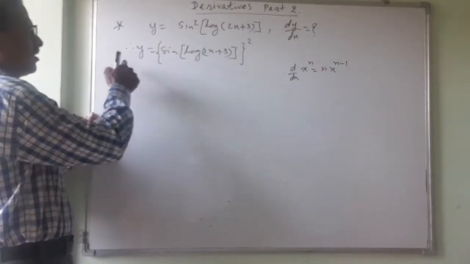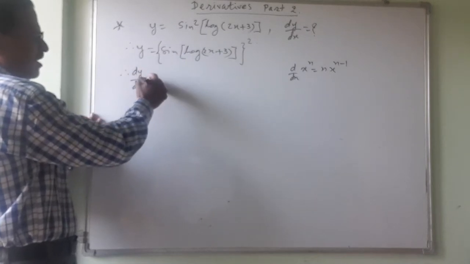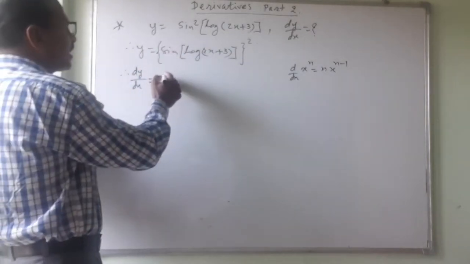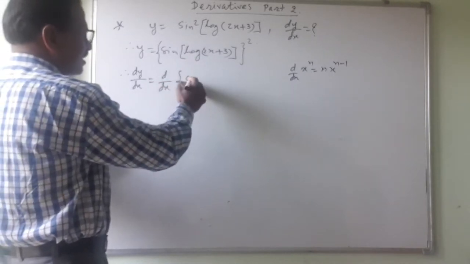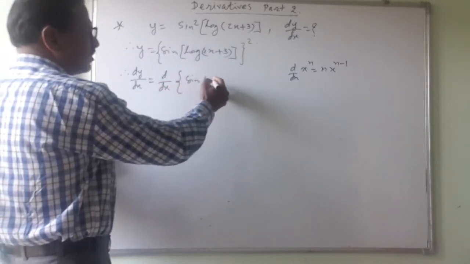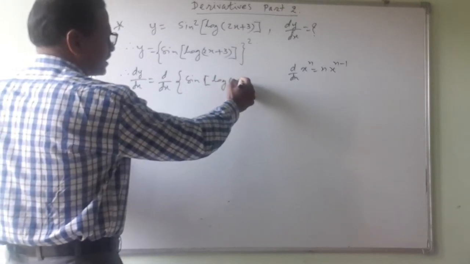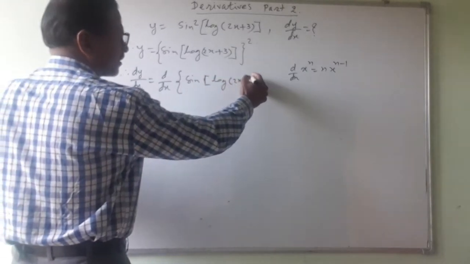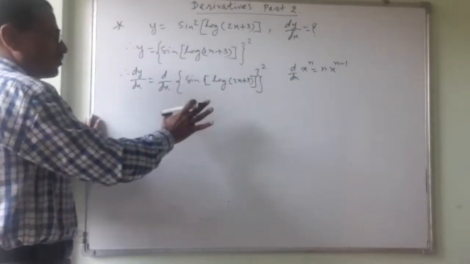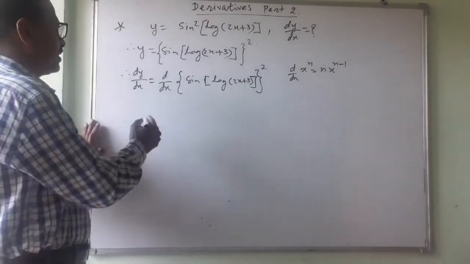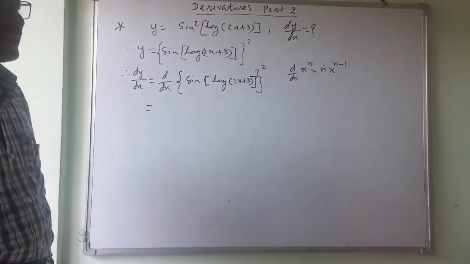Therefore, dy by dx is equal to, I have to take the derivative, I will write simply d by dx of sine of log of 2x plus 3, and whole square. This derivative I want to take. Now I have to go in sequence while taking the derivative.